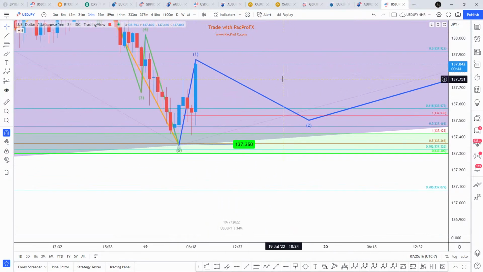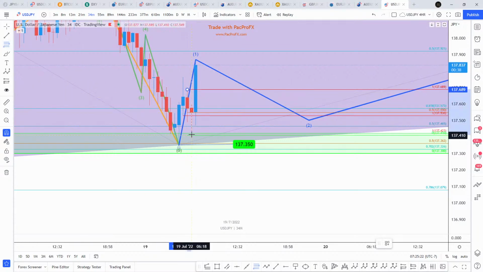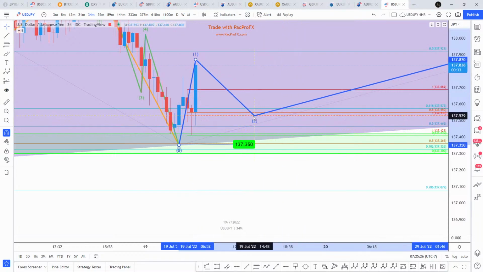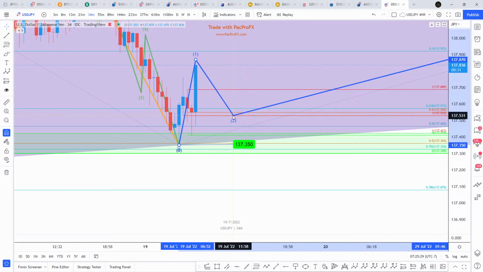Let's see if I can find that for you guys. So I would take all this. So I'm looking for a pullback to about here or so. Let's reuse this tag if we can get it.